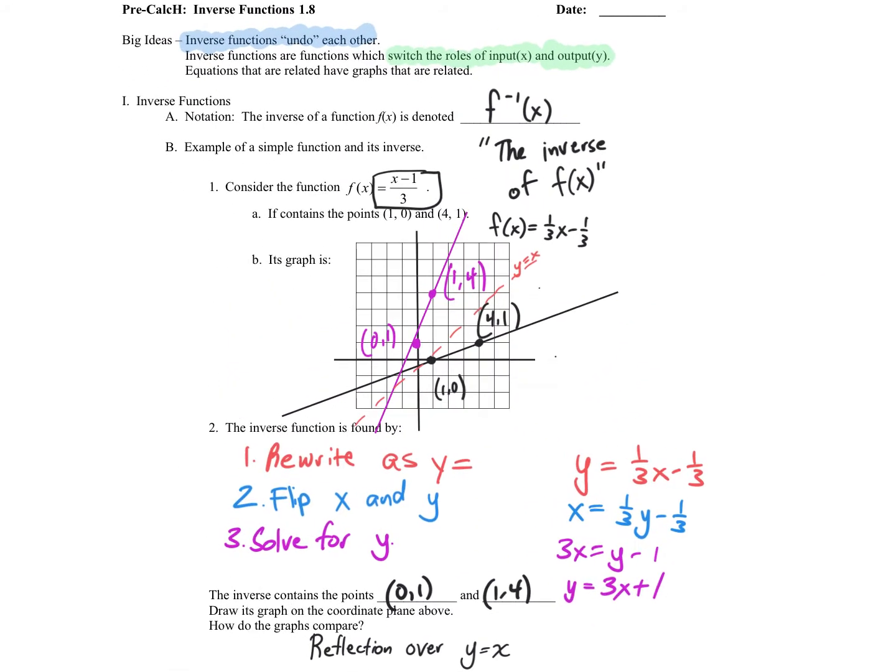So that first page, this is the idea of an inverse. Inverse changes the role of x and y, changes the role of input and output. When we graph inverses and the original function, they are reflected about the line y equals x.